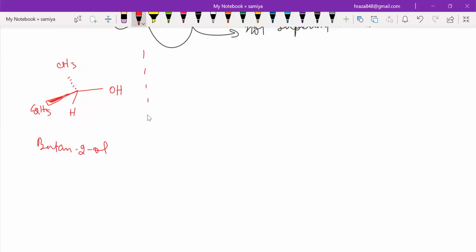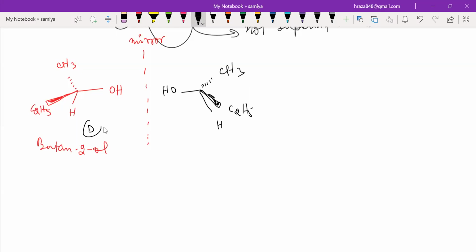If you keep a mirror here, there will be a mirror image of this compound. You can see left will be looking at the right. This will be C2H5, CH3, hydrogen, and then OH on the right will be looking at the left.